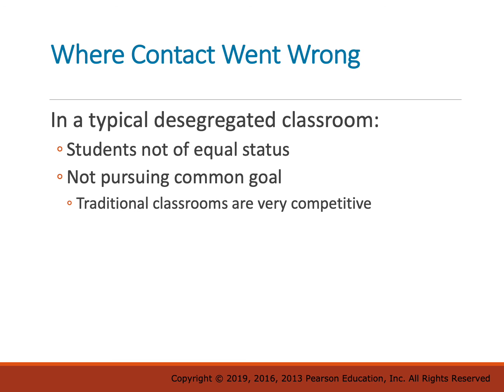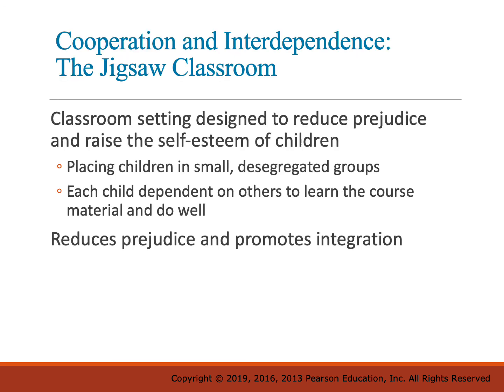researchers have created something called the jigsaw classroom. Well, in the jigsaw classroom, they saw a great increase in cooperation and interdependence, and they did things much differently. The children were placed in small desegregated groups, and each child was dependent on other children in his group to learn the course material and do well. An example of this would be like a Montessori classroom.